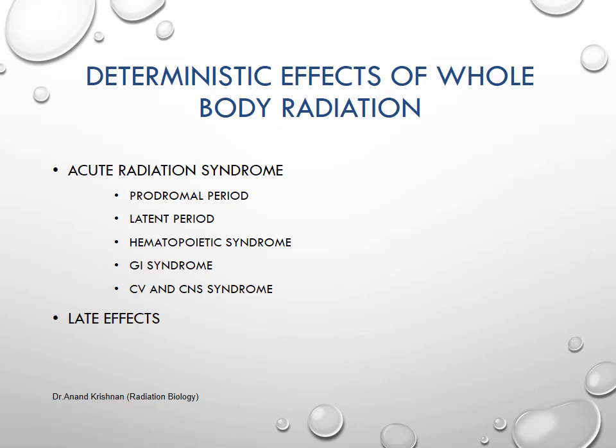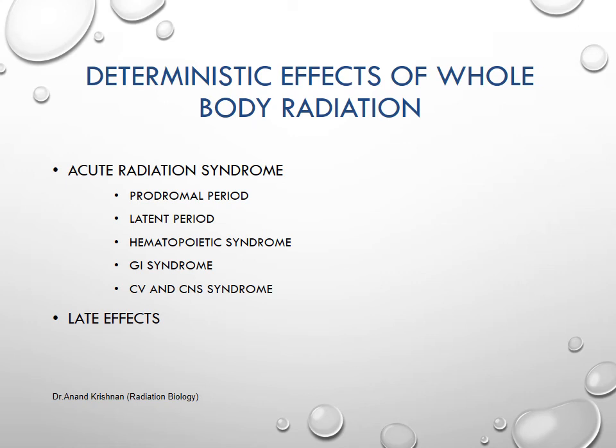So there are four stages to this acute radiation syndrome, like we discussed before. The prodromal stage: the classic symptoms for this stage are nausea, vomiting, anorexia, and diarrhea, which can start immediately after exposure, following for 2 days, and the symptoms might last up to several days.